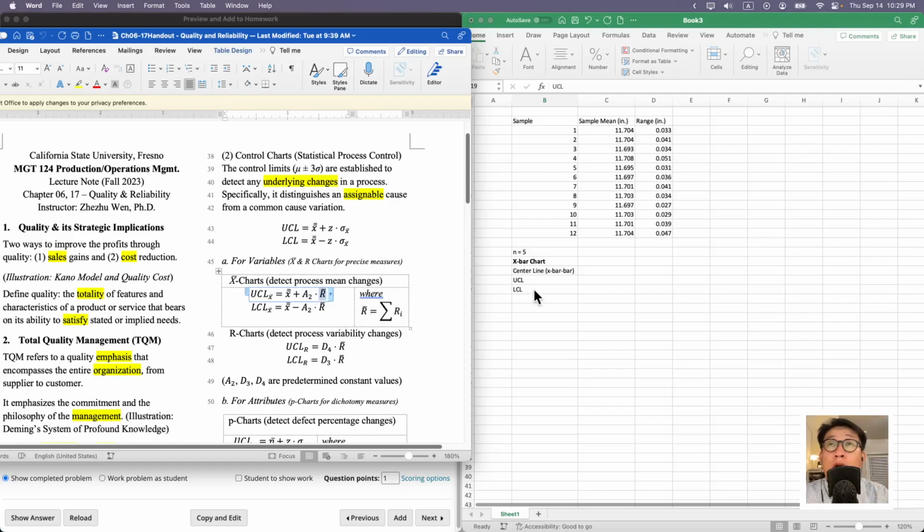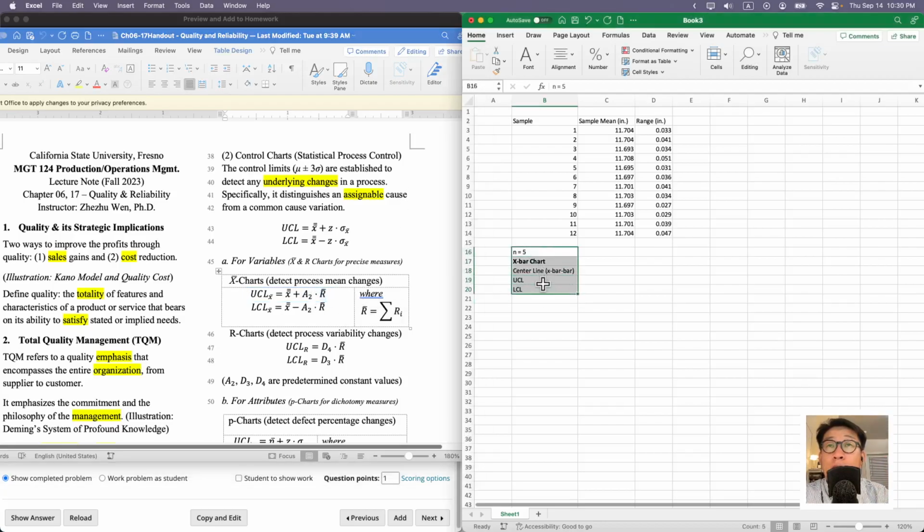What is R bar? R bar is basically the average of all ranges. So you need R bar here. X-bar-bar is the average of all the averages here. Basically those are the sample averages. When you measure the length of 5 rods, you get a sample mean for those 5 different rods.